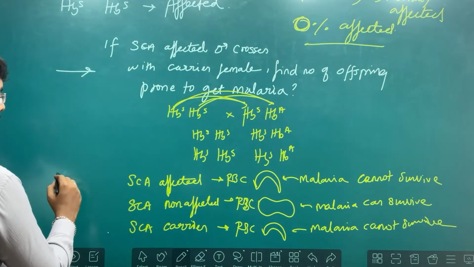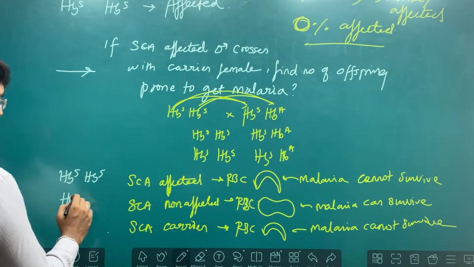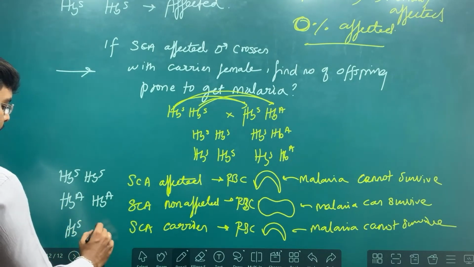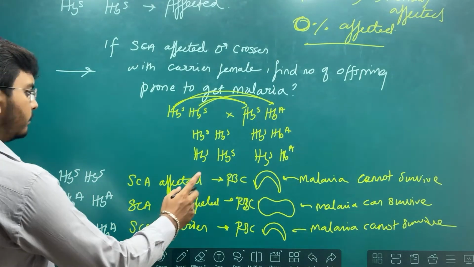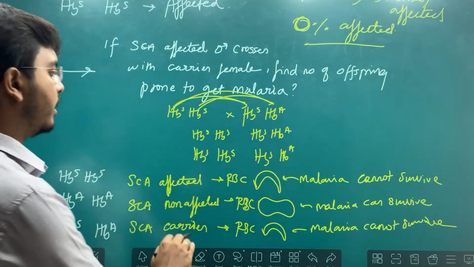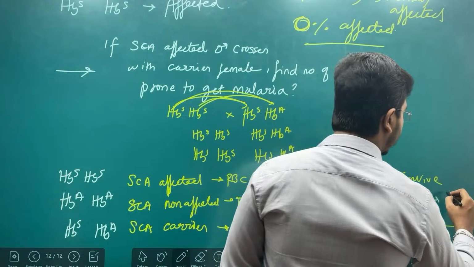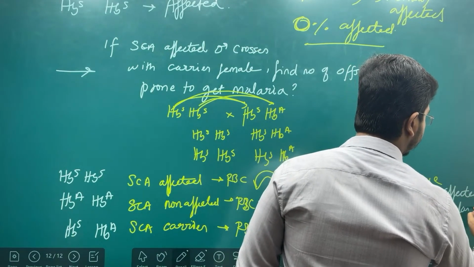Let's imagine this is HbS HbS affected, this is HbA HbA non affected, this is HbA HbS carrier. So who are the people who get malaria? Where malaria can survive, that person is affected by malaria.